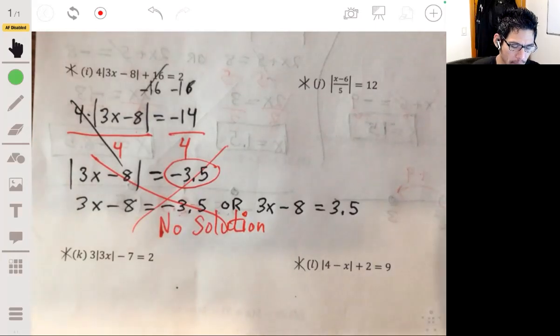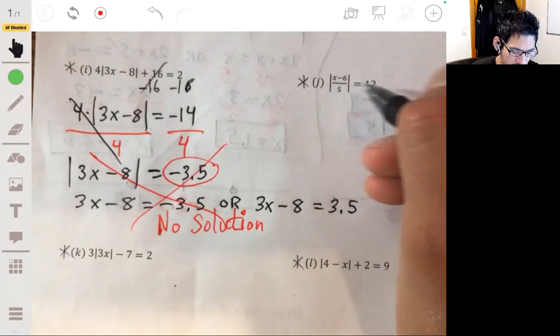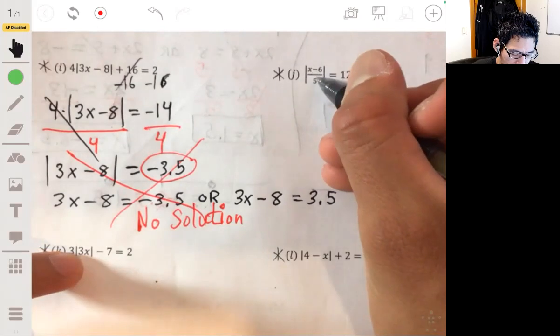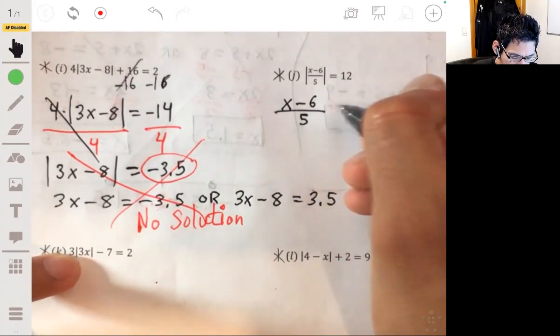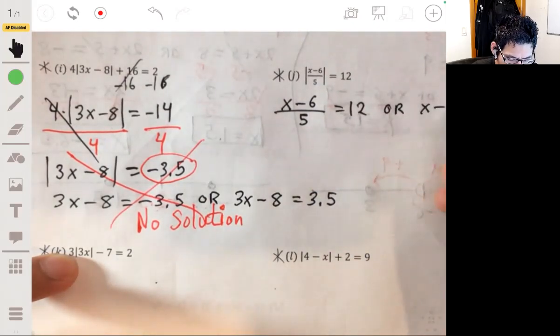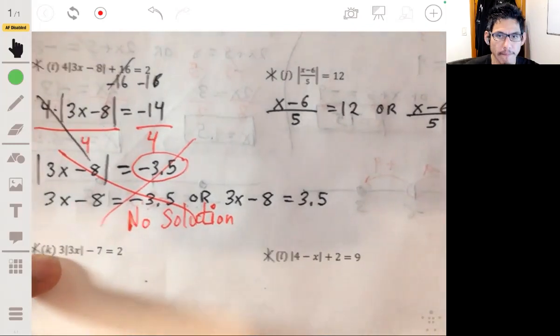Well, let's carry on now. All right, J: absolute value of (x minus 6) over 5 equals 12. Let's just go on and remove the absolute value symbol. So we have (x minus 6) over 5 equals 12, or (x minus 6) over 5 equals negative 12.